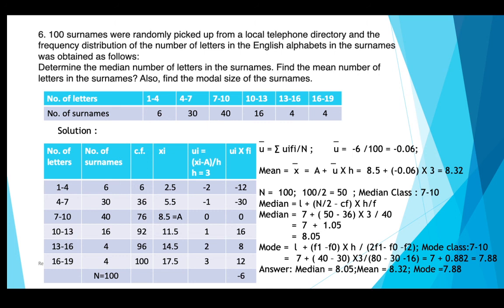L is equal to 7. 40 is f1, minus the preceding class frequency 30, multiplied by 3, divided by 2f1 minus f0 minus f2, 16, and you get 7.88 as the mode. So practice this formula again and you will be able to calculate the mean, median and mode for any distribution that is given to you.